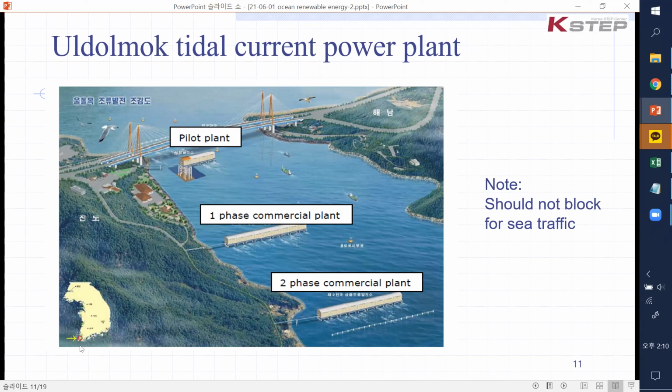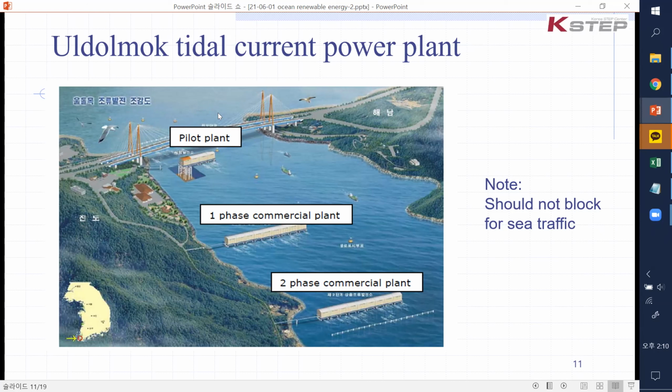At the left bottom there is a small map of Korea, and the island of Jindo is located here. Between the island and the peninsula there is a narrow strait, so the tidal current is very high speed, twice or 4 times per day.